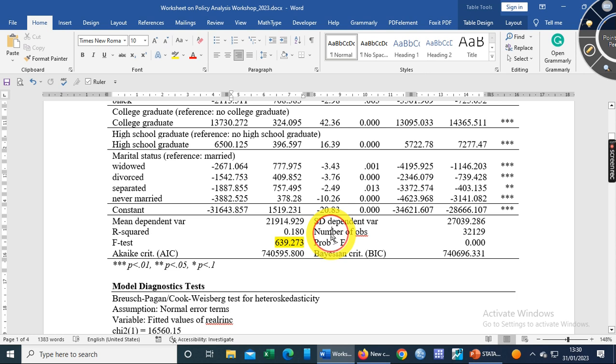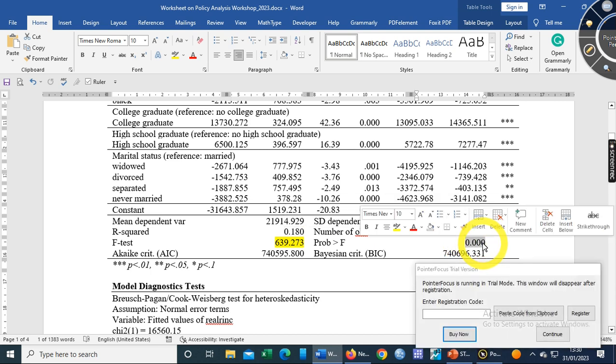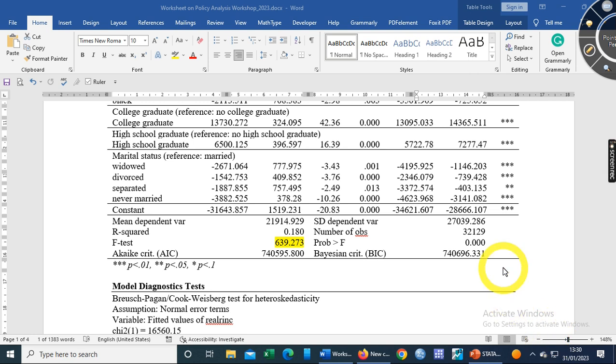The null hypothesis states that the model doesn't fit, which implies that the calculated R square is not statistically different from 0. However, the p-value of F is statistically significant, which implies that the model fits the data very well.